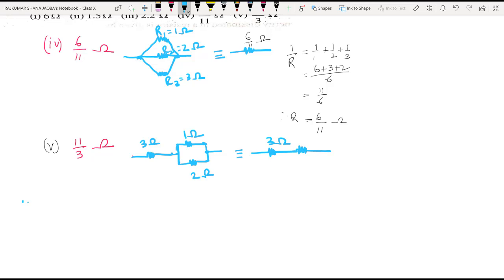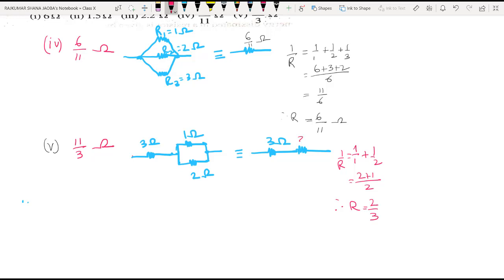Say 1 and 2 in parallel: 1 by 1 plus 1 by 2 equal to 1 by R. So 2 plus 1, therefore R equal to 2 by 3.